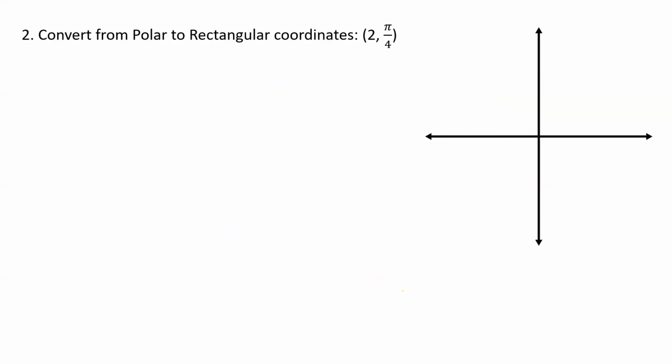Then I have this one converting from polar to rectangular coordinates. So we have r is equal to 2 and theta is equal to pi fourths. So we know that x is equal to r cosine theta and y is equal to r sine theta, right? So if we plug that in, we have 2 cosine of pi over 4, which is, do you know the cosine of pi over 4?